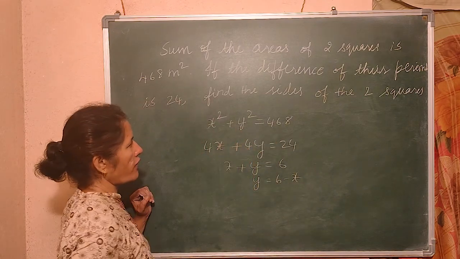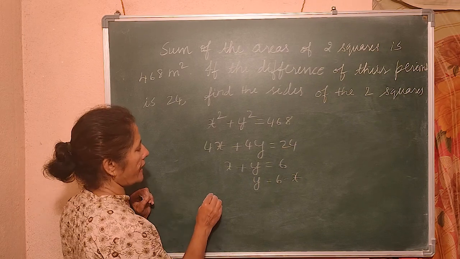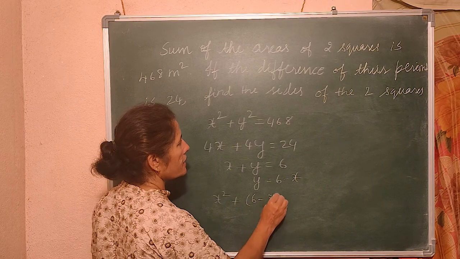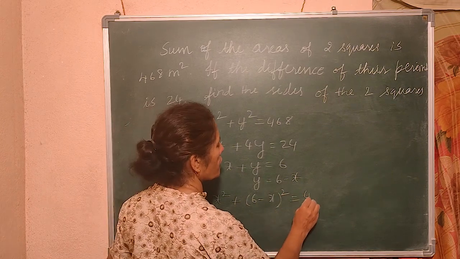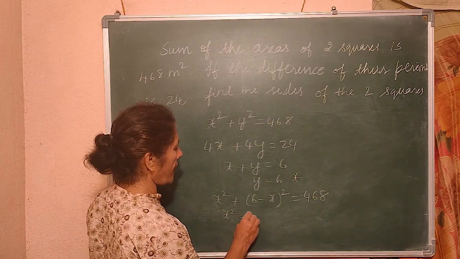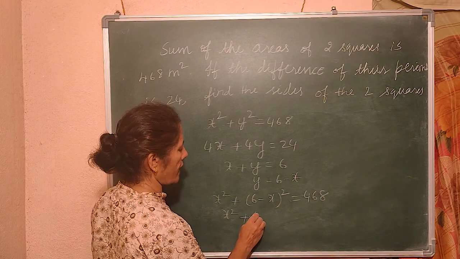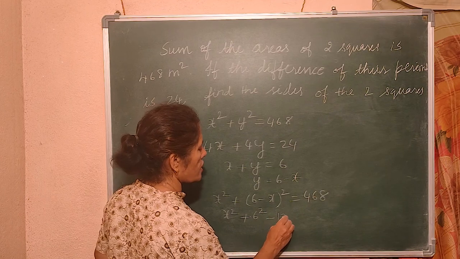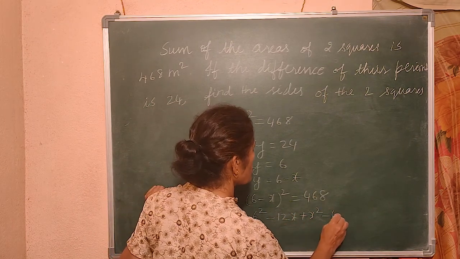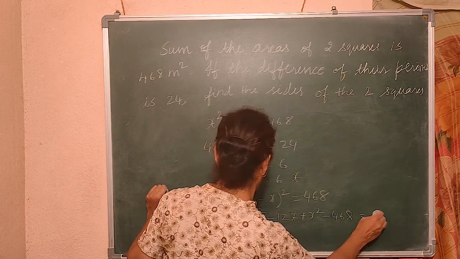So in the place of y, I write down 6 minus x. I get x square plus 6 minus x, the whole square, is equal to 468. So let me apply a minus b the whole square. 6 square minus 12x plus x square minus 468 is equal to 0.